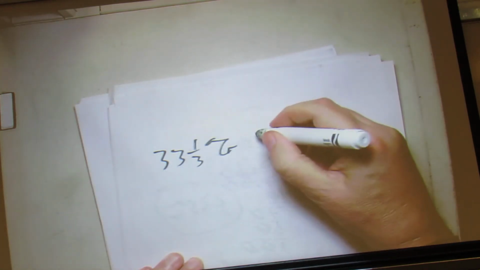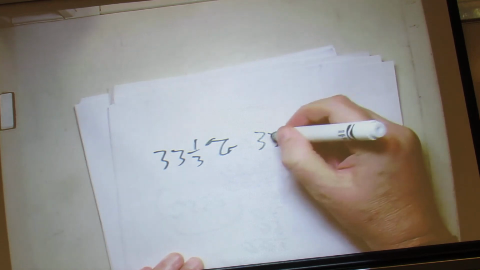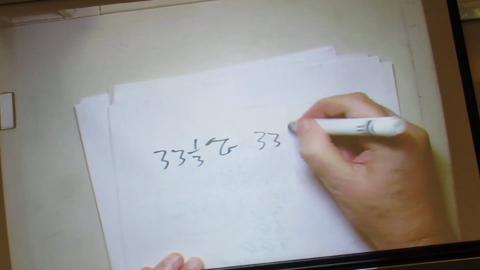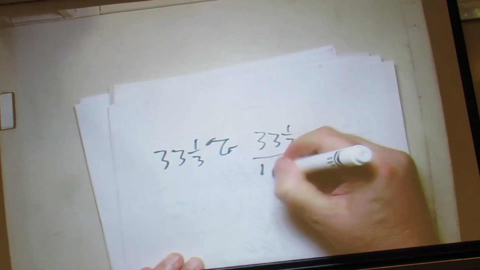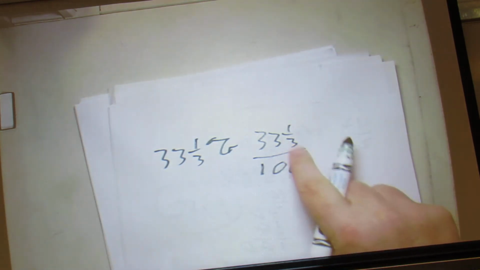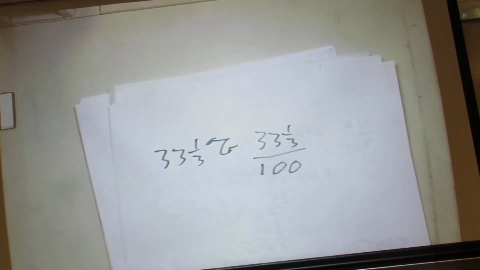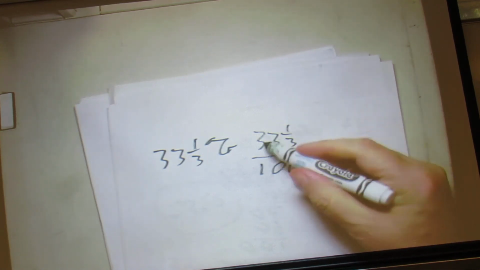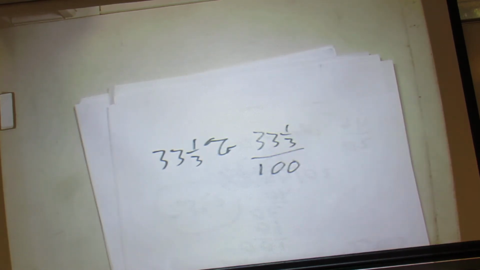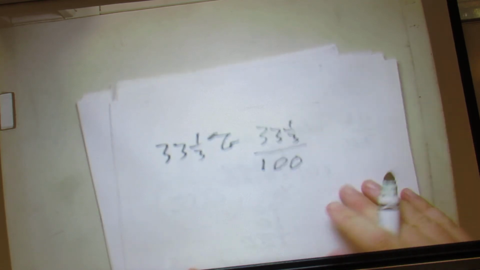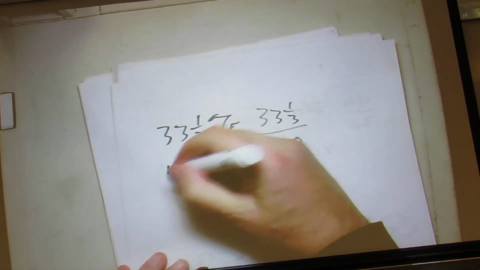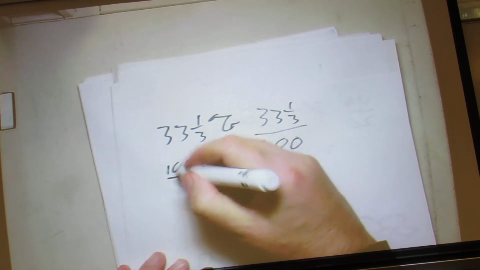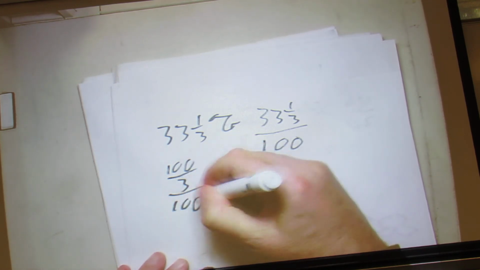So since it's a percent, 33 1/3 over 100. We need to change this into an improper fraction to make it easy. 3 times 33 is 99, plus 1 is 100, divided by 3 over 100.